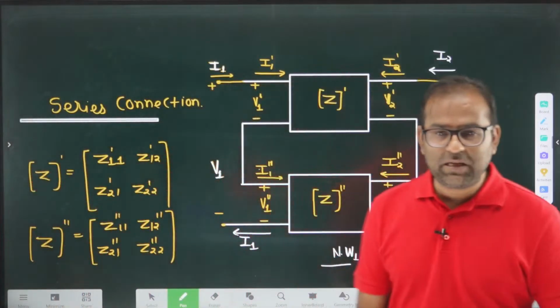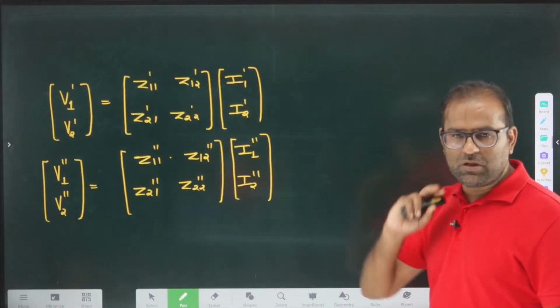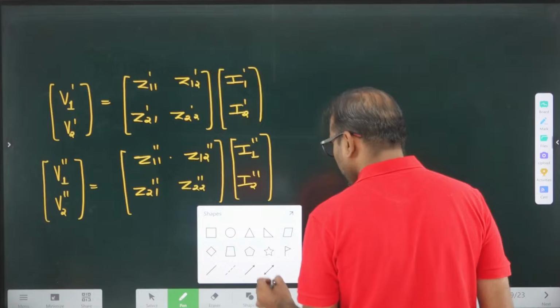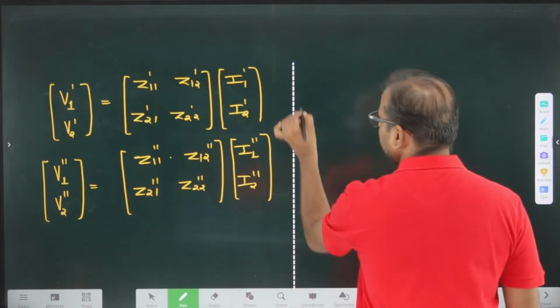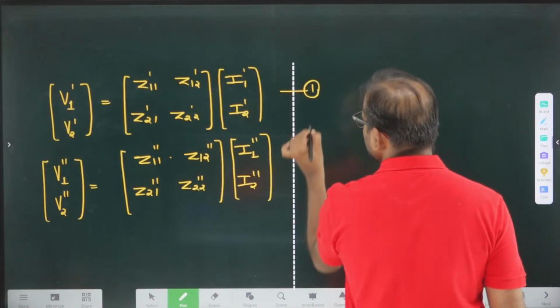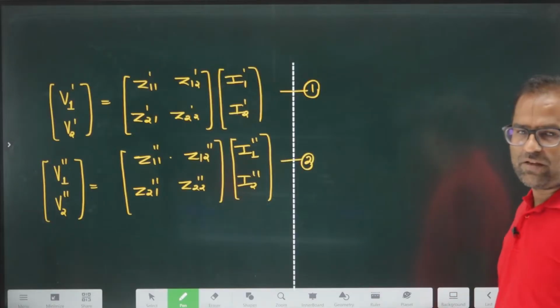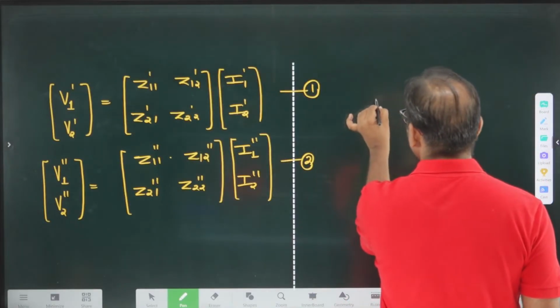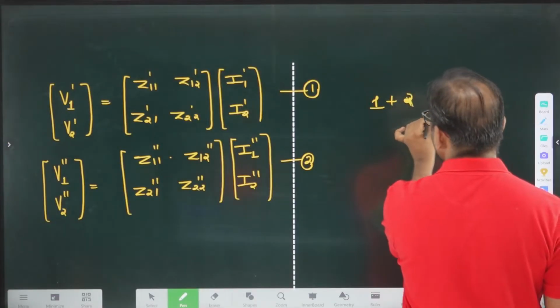Now we have completely written the individual two port parameters for both the two port networks. Now if I call this equation number 1, and this equation number 2, what I want to do is add equation number 1 plus equation number 2.